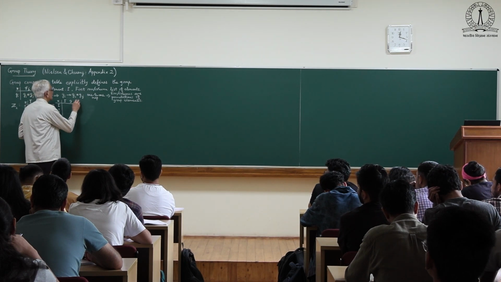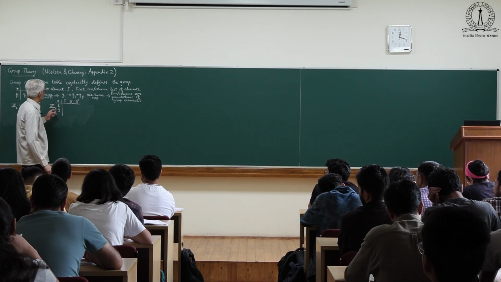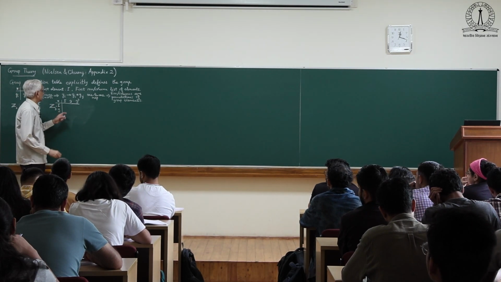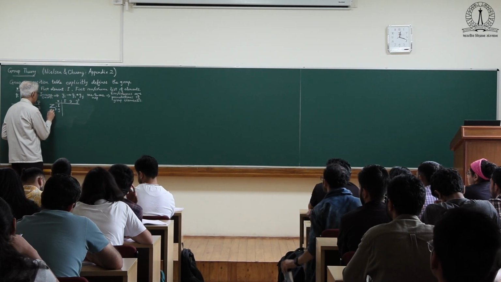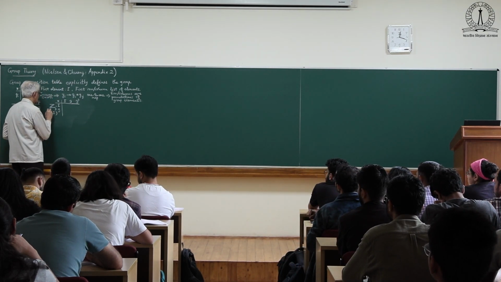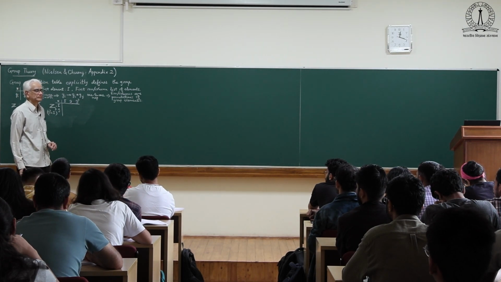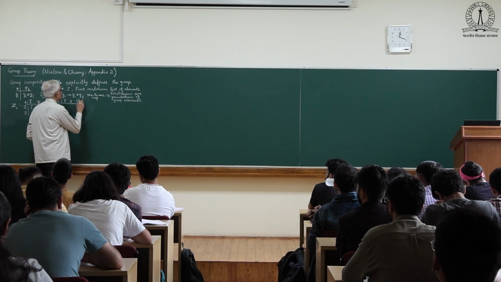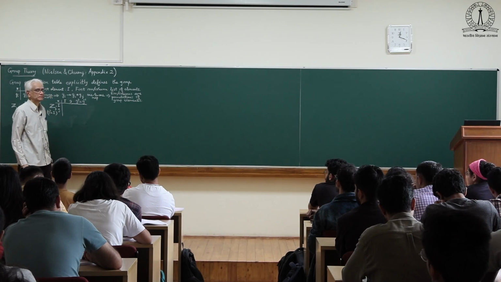So I need a G square. But then what does the structure Z3 tell me? That G cube will become equal to identity. And so G square happens to be the same as G inverse.